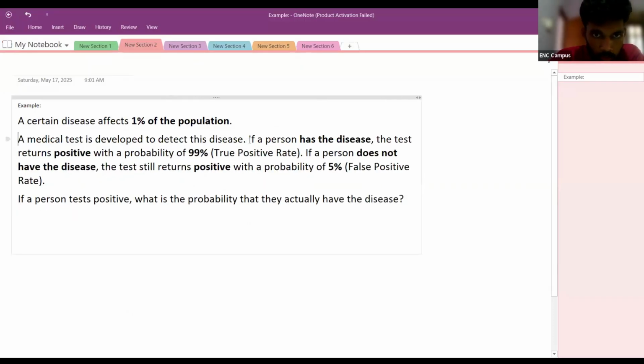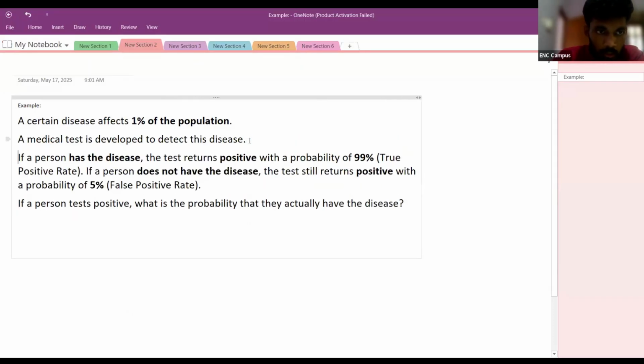If a person has the disease, the test returns positive with a probability of 99%, which we call the true positive rate. The patient has the disease and the test says it's positive, right?